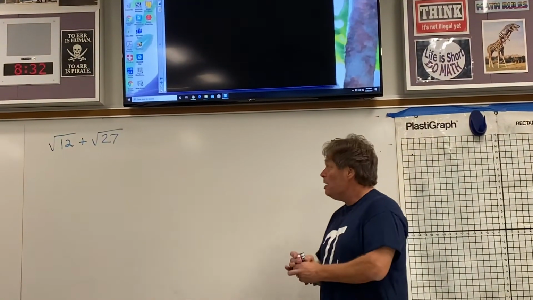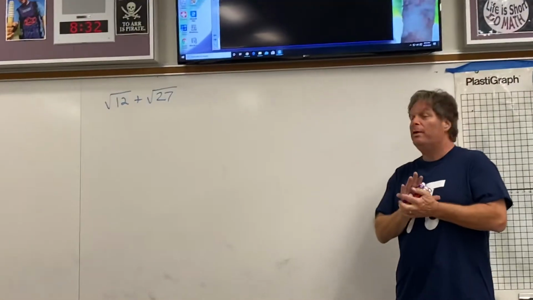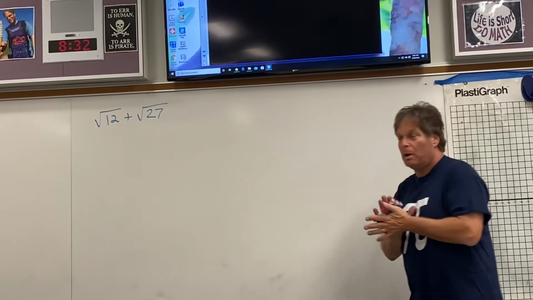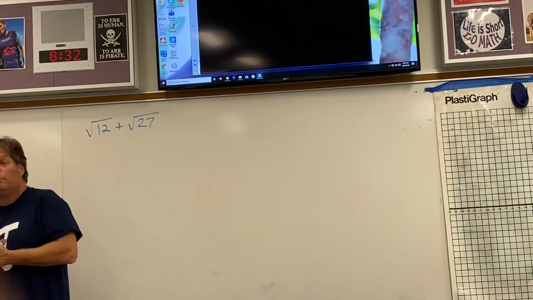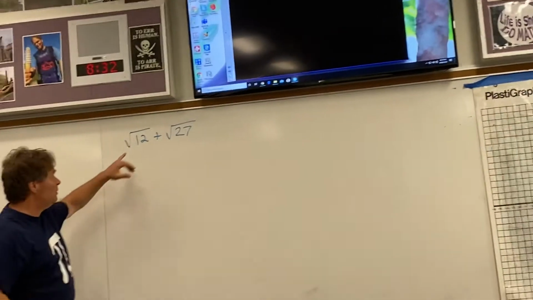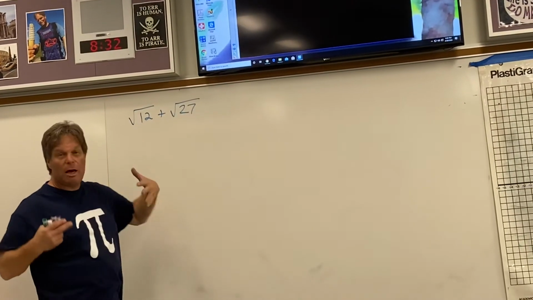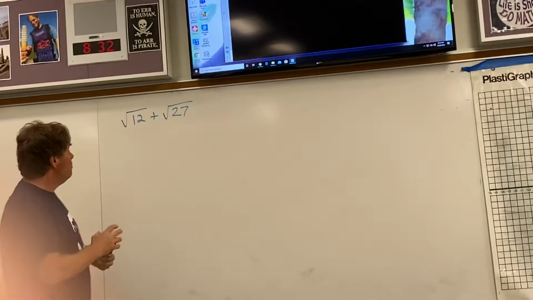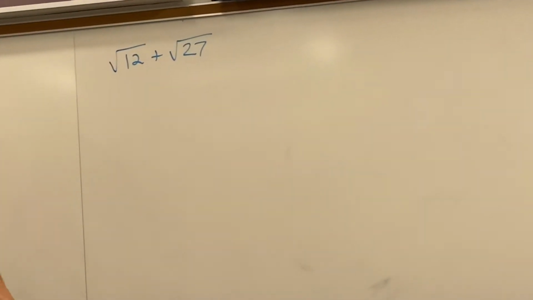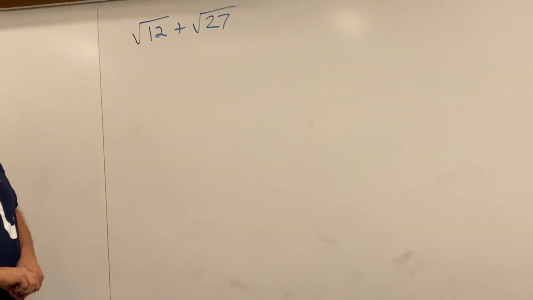The thing is, you can't decide whether they can be combined or not until you simplify each of the radicals, right? Just because these are different doesn't mean they cannot be combined. Because if you simplify them, you might find out that they are similar terms.